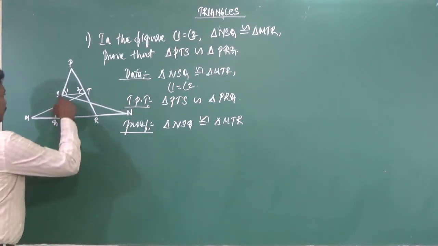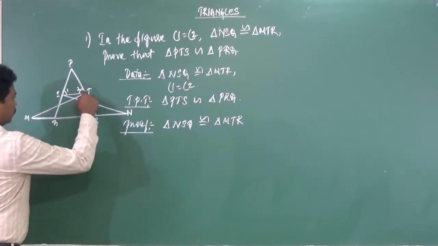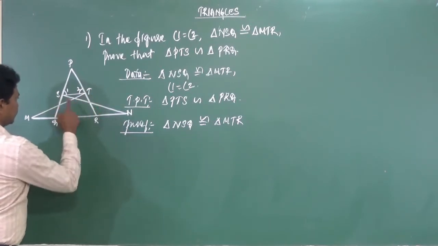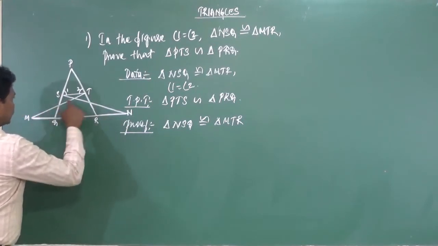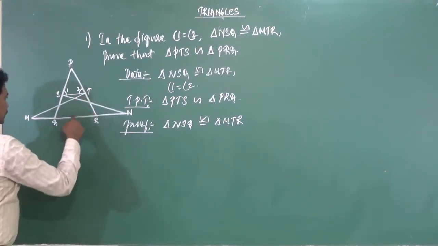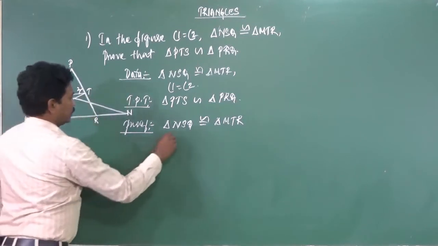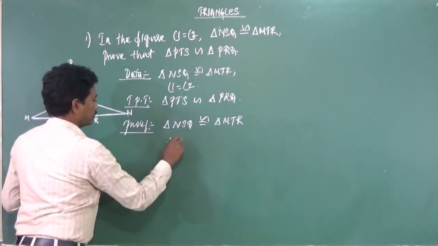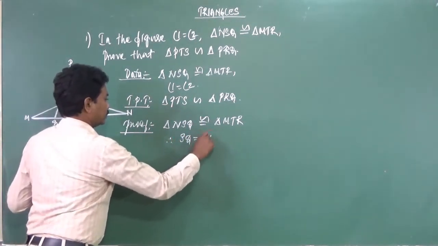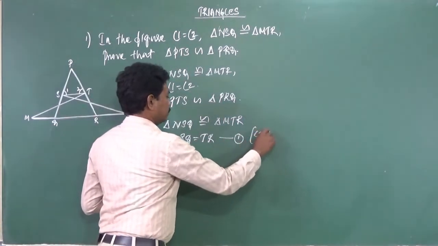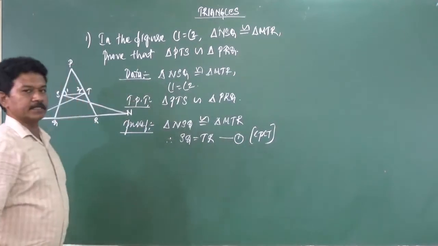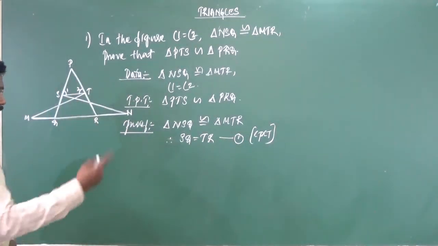So therefore SQ is equal to TR. In triangle NSQ we have SQ, and in triangle MTR we have TR. Take it as equation 1. This is according to CPCT, that is corresponding parts of congruent triangles.